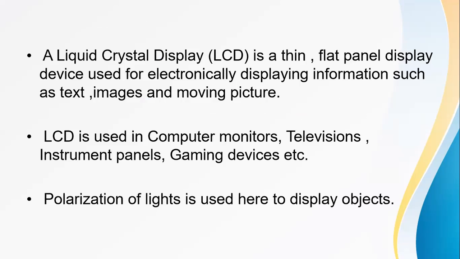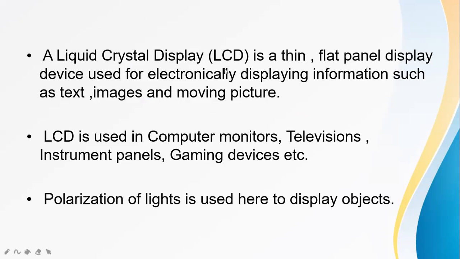Next one is the liquid crystal diode. It is also a special type of semiconductor. It contains a liquid, and it has both a crystal, a solid material, and a liquid material.